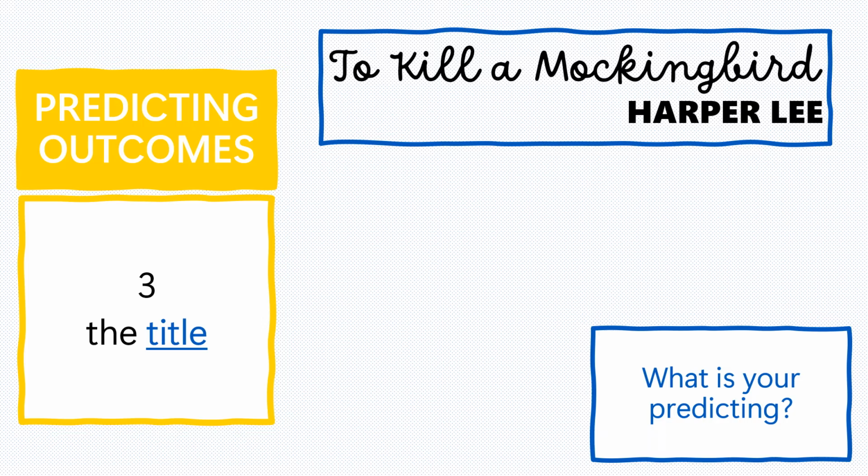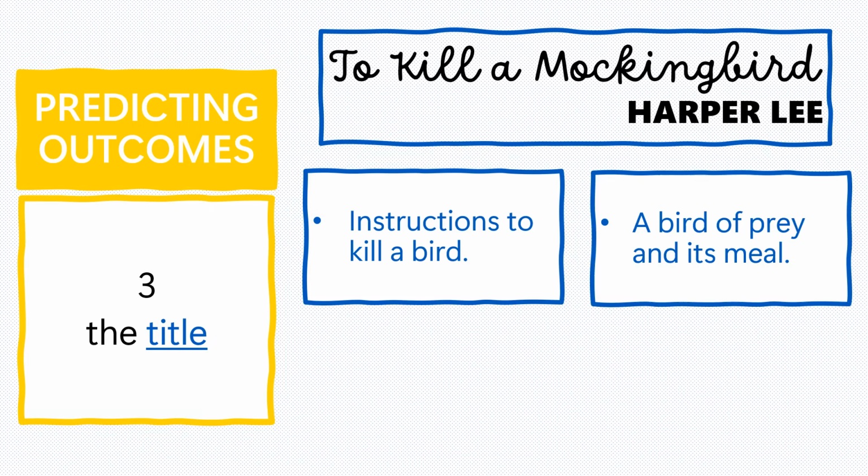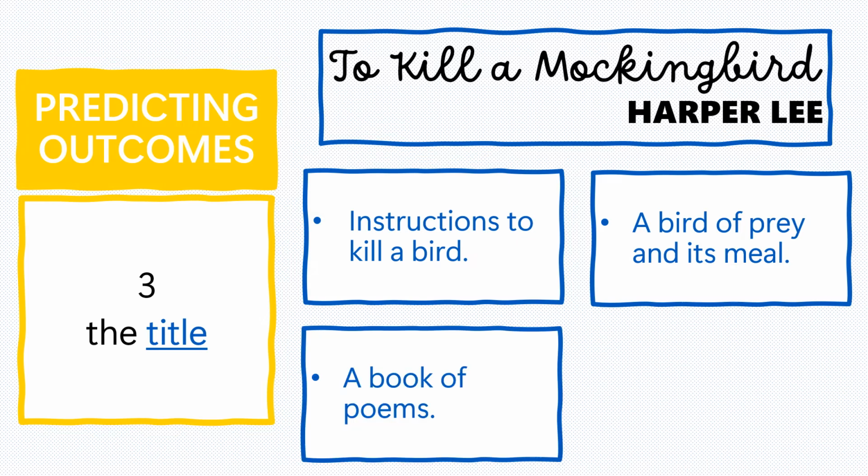What is your prediction? What do you think Harper Lee wants to say to us when she writes that title? There are instructions to kill a bird. It's something about a bird of prey and its meal. It is a book of poems.